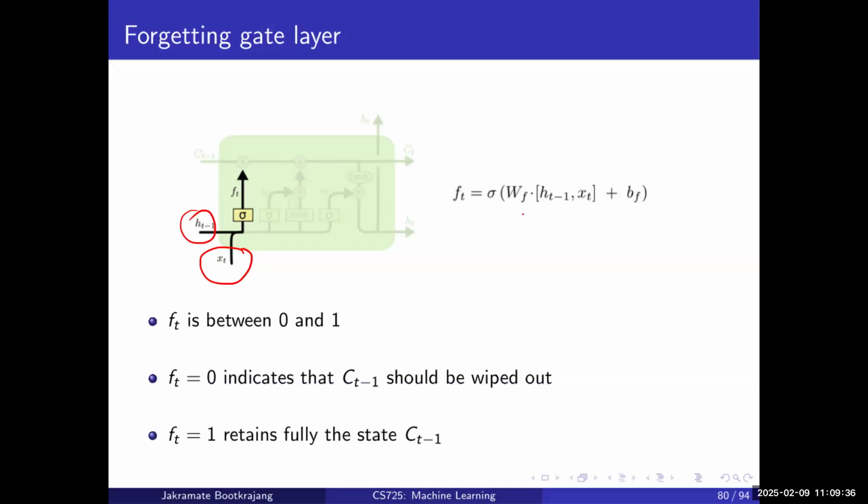And the function is of the form, you have this weight, you multiply the weight to the two inputs, one input would be the output from the previous step and then the current input. And then you have some bias term. So that is the forgetting layer.